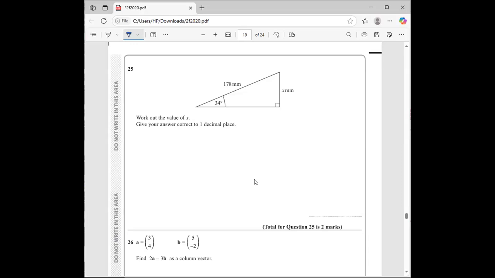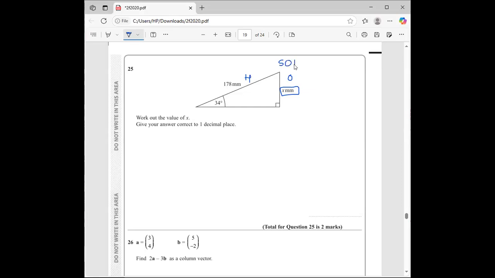So if we were to look at this triangle, what is this side to this angle? Is it the opposite or adjacent? Opposite. So this side is opposite, and this side is the hypotenuse. So I think we're in business.